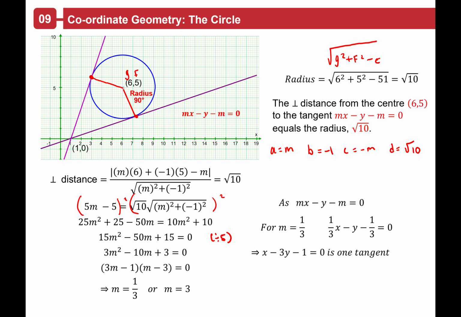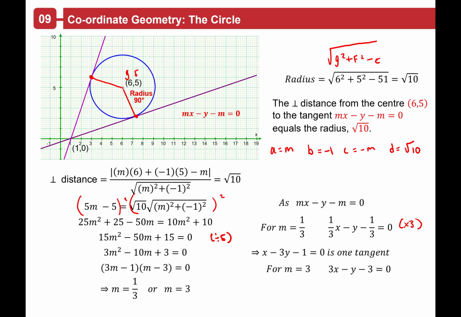And then multiplying everything by 3 here to get rid of our fraction, we're left with x minus 3y minus 1 equals 0. And when m is equal to 3, our equation of the line becomes 3x minus y minus 3 equals 0.